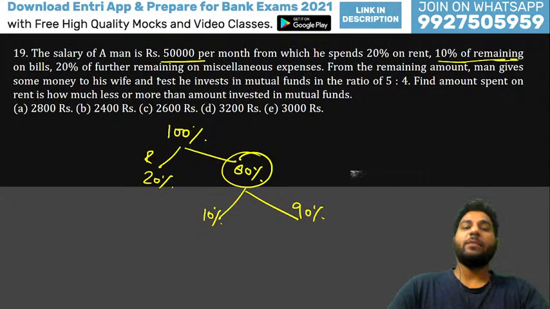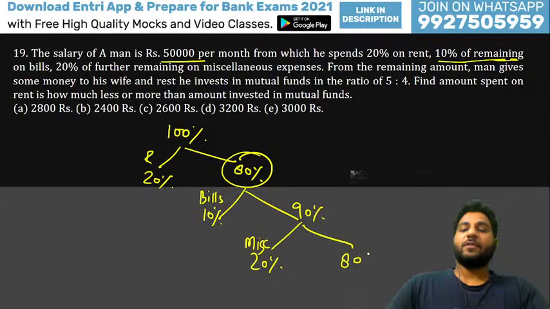Further 20% of the further remaining is spent on miscellaneous, so only 80% of the remaining is left.